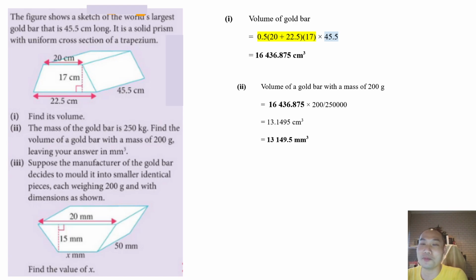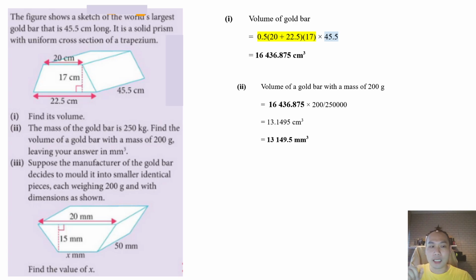Maybe it helps some students realize that gram and kilogram are also different units. There are lots of tips like this that, when we are observant and sensitive enough, are there to help us. So, more training. Converting cubic centimeter to cubic millimeters, we multiply by 1,000, so you have 13,149.5 cubic millimeters.